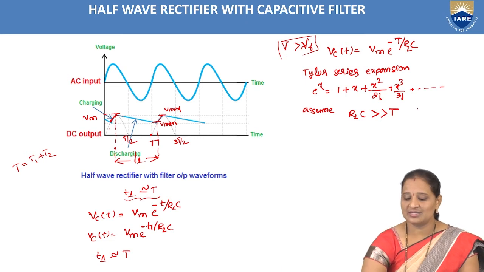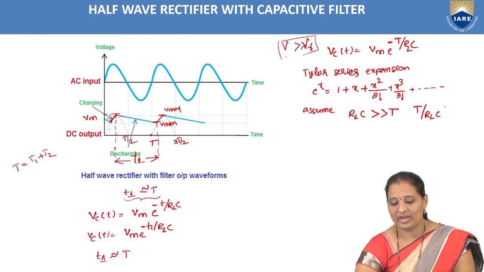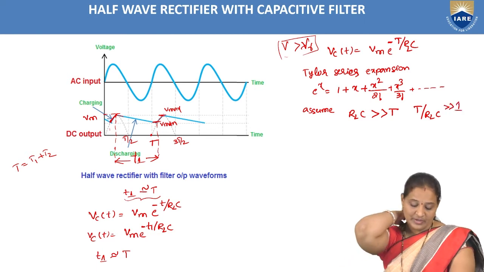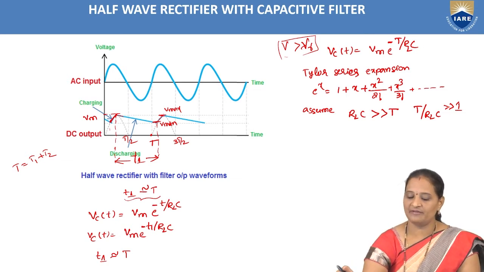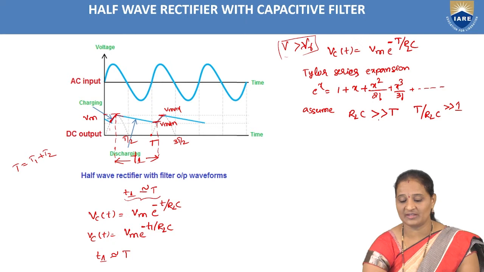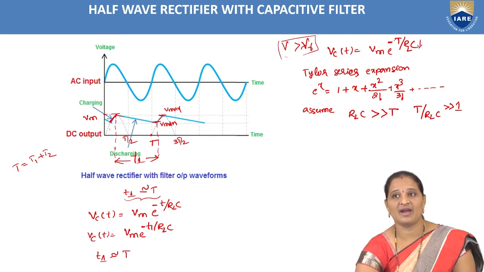If we consider this, then T by RL into C will be very much less than 1. So if RL into C is very much greater than T, then the denominator is high, and the exponent will have a very small value.